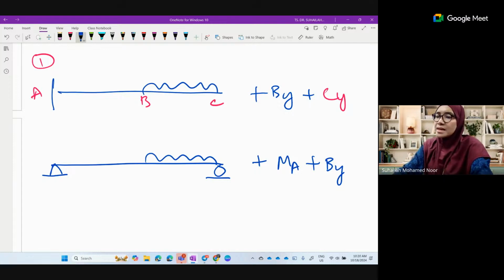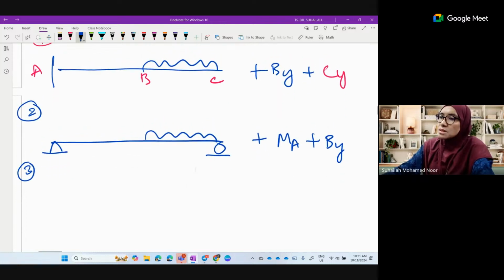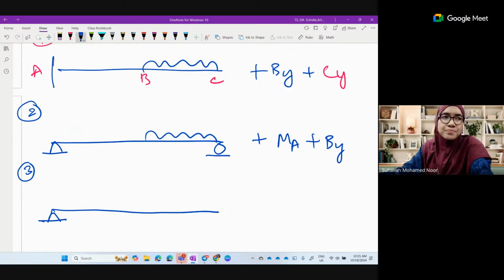So this is the second possibility. Third one: here remains a pin, remove the moment at A, and at B we keep the roller, but C we remove.